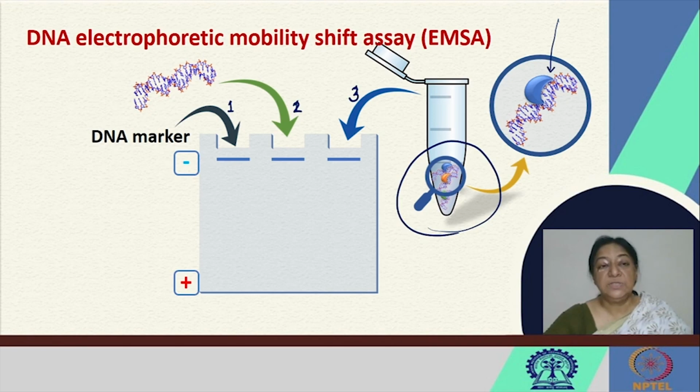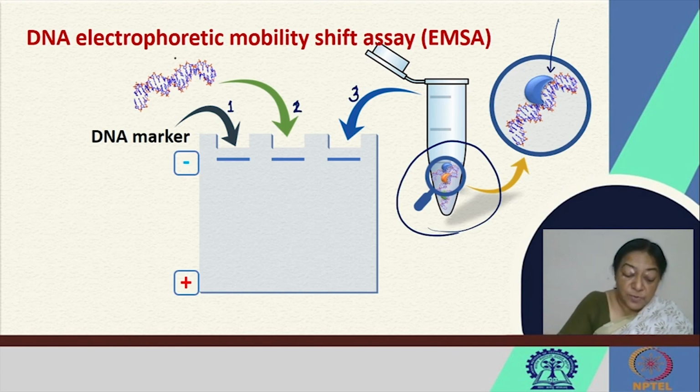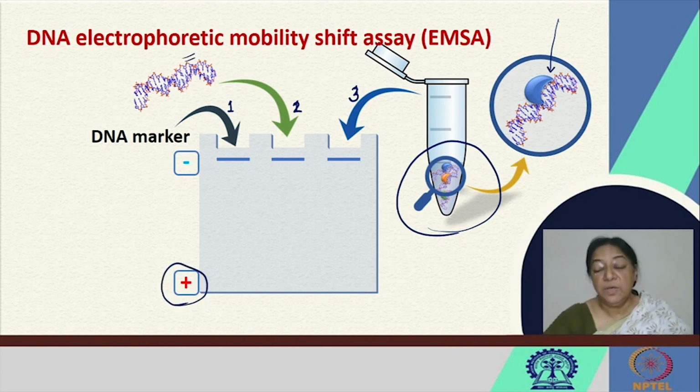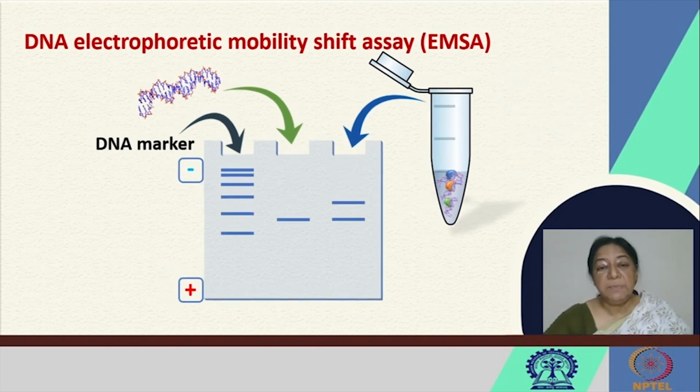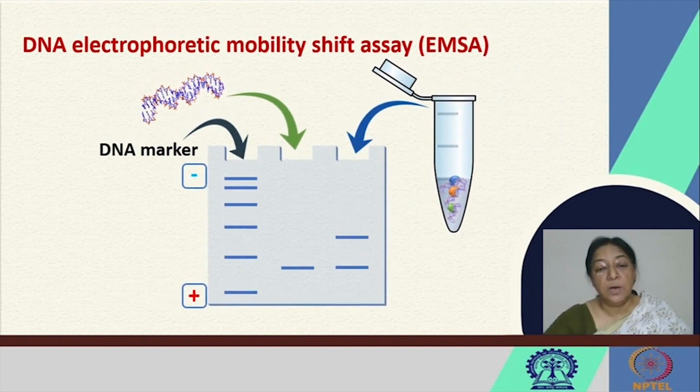When this is now subjected to electrophoresis, subjected to an electric field, we will have migration. This migration is going to occur based on the size of the complex formed.